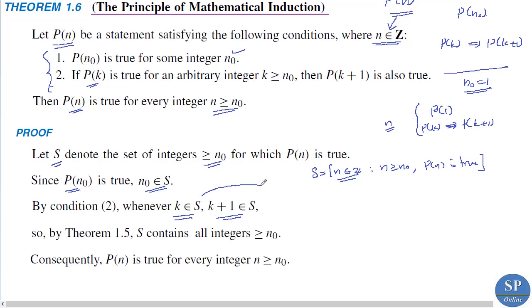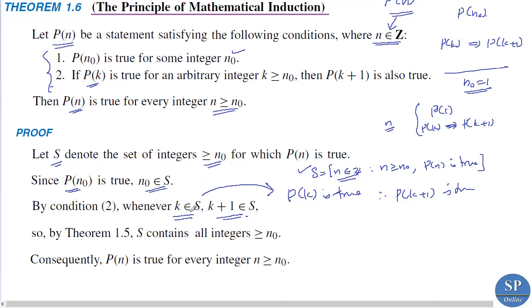That means k belongs to S implies P of k is true, and therefore by the second condition, P of k plus 1 is true. That means k plus 1 belongs to S, because S is equal to this.